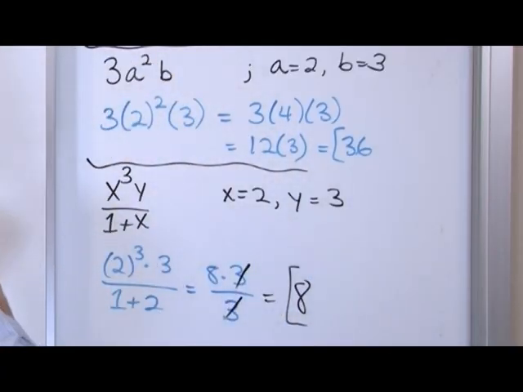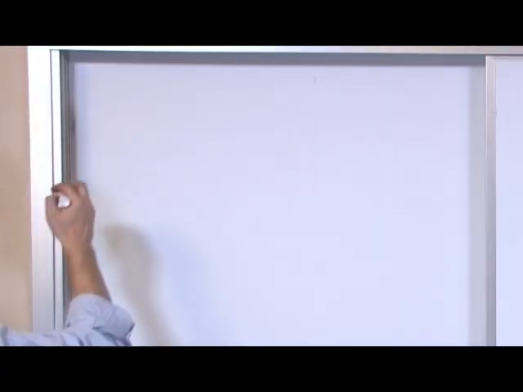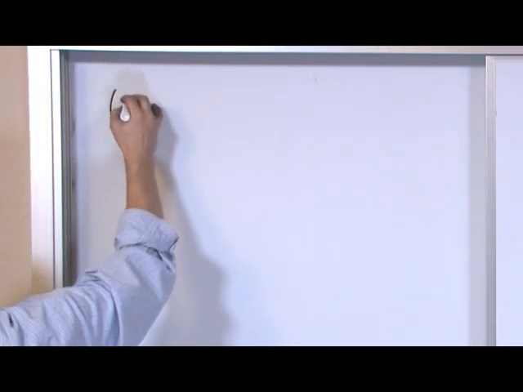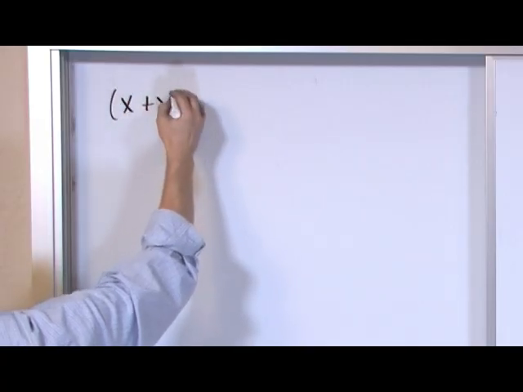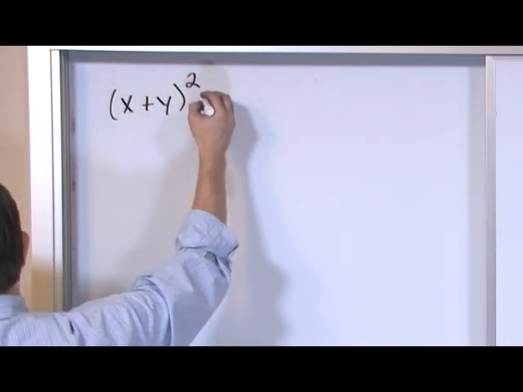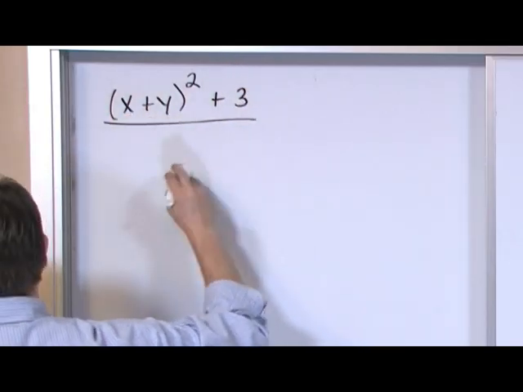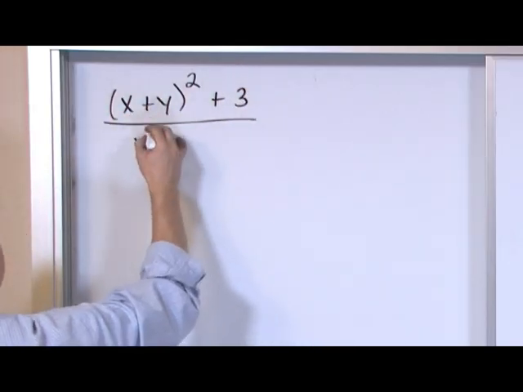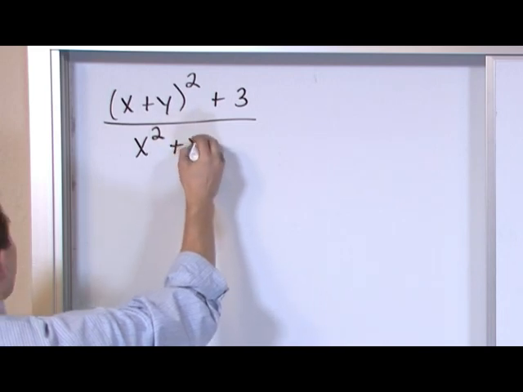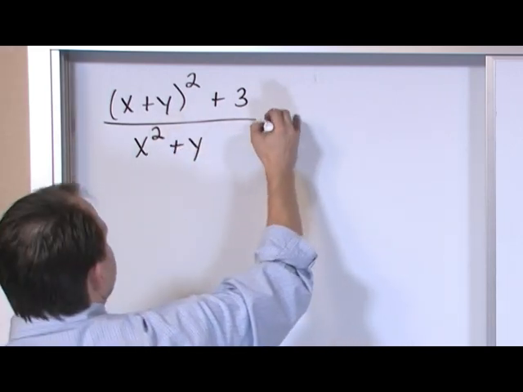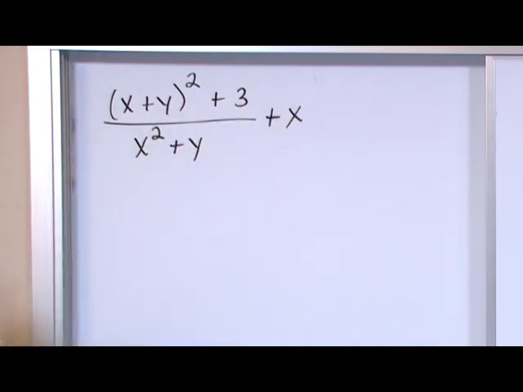That's the final answer. Now, for our last problem of this type, let's do something kind of large. X plus y squared plus 3, and let's say x squared plus y, and let's say plus x over here.